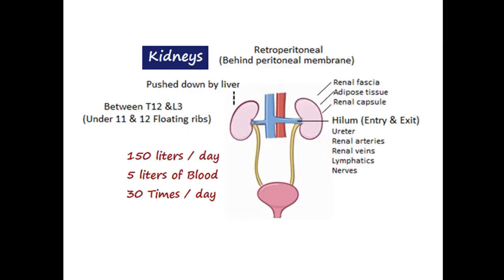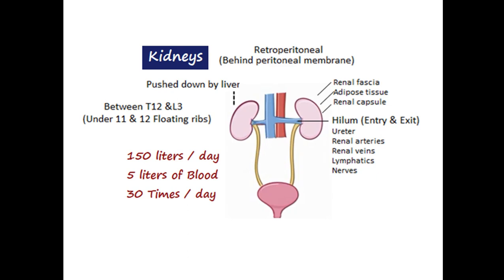We know that each person has two kidneys, one on each side, and the kidneys are located in the retroperitoneal position. By that we mean that they lie behind the peritoneal membrane. The left kidney in each person is pushed a little down by the liver that lies above the upper pole of the left kidney.